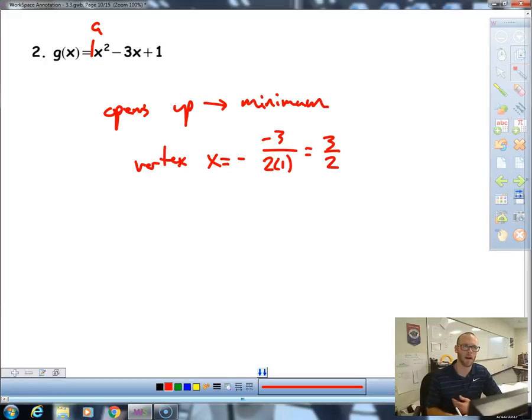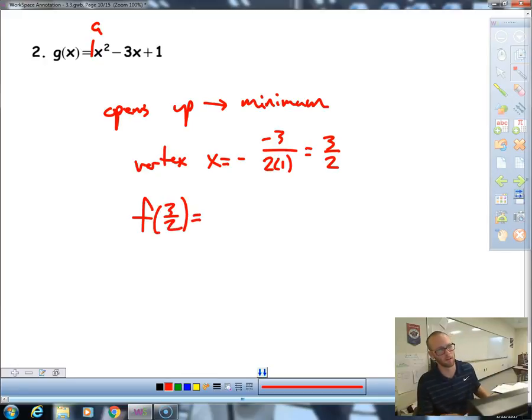Now that is not the minimum value, that's the x value. Let's plug it in. f of 3/2 equals, I'm going to go back to my calculator. Three-halves squared minus 3 times 3/2 plus 1, negative 1.25. And we said that is a minimum.